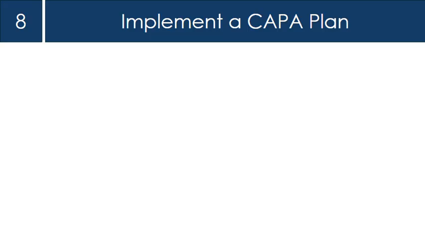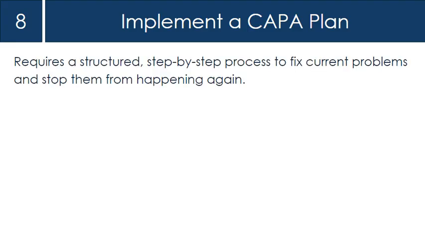Step 8. Implement the Corrective and Preventive Action Plan. Application requires more than assigning an action. Implementing a corrective and preventive action plan requires a structured, step-by-step process to fix current problems and stop them from happening again. With a formal, approved corrective and preventive action plan in place, implementation of the defined actions should follow a systemic approach with clear timelines, resources, and oversight.